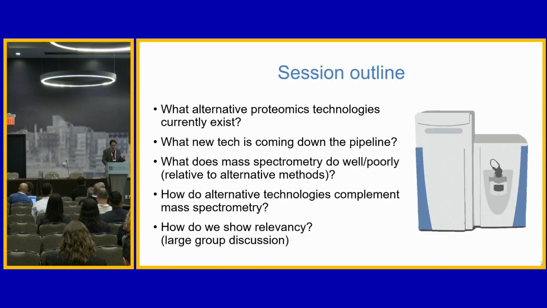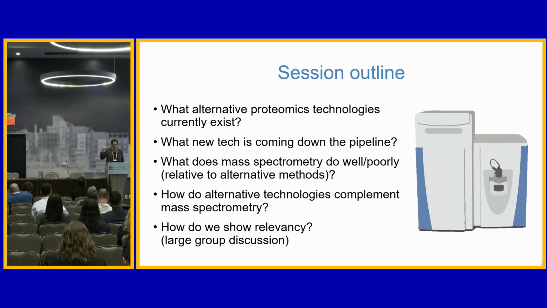We designed the program to be a little bit different, and that is to focus, from a mass spectrometry perspective, on what these alternative technologies are, illustrated in a laundry list one after another, what their advantages are, what their disadvantages are, and what new technologies are coming down the pipeline.